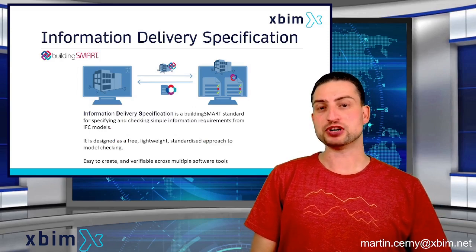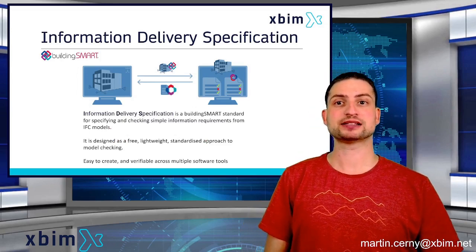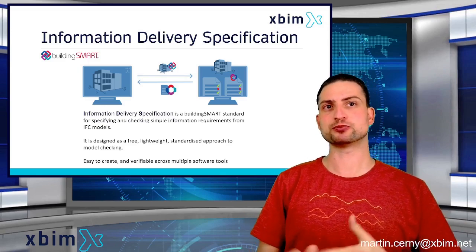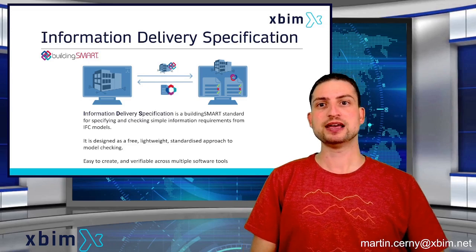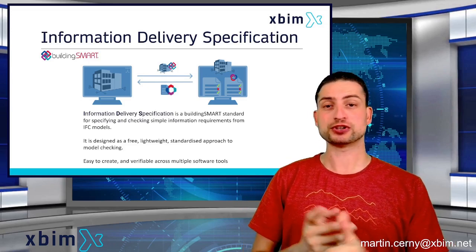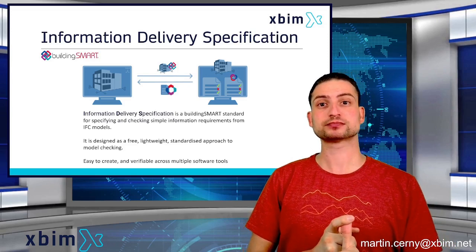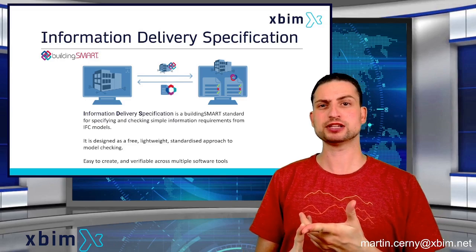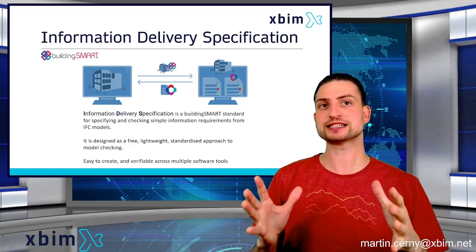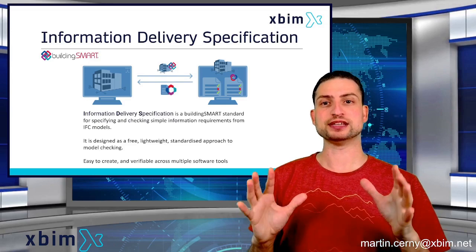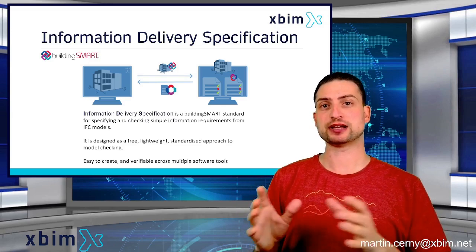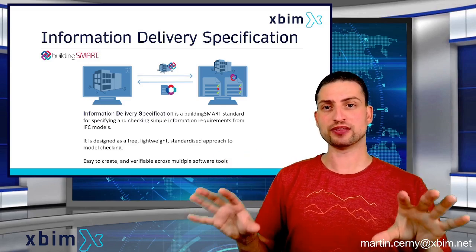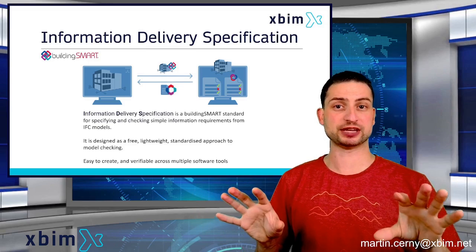As mentioned in the previous part of this video, IDS has been developed by buildingSMART. It was developed relatively quickly compared with standard procedures at ISO and CEN. It was designed to be free, so the documentation is available at GitHub. It uses a standardized approach to model checking. It also contains a set of abstract tests to make sure that when these requirements are described in IDS, and if two systems are used to run these validation checks, they should give you the same results.